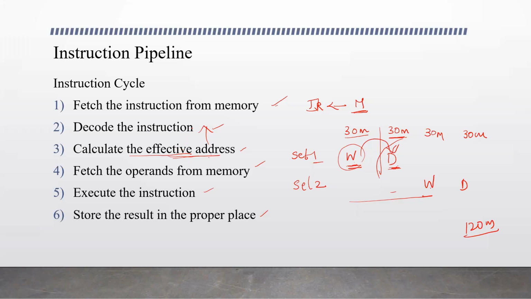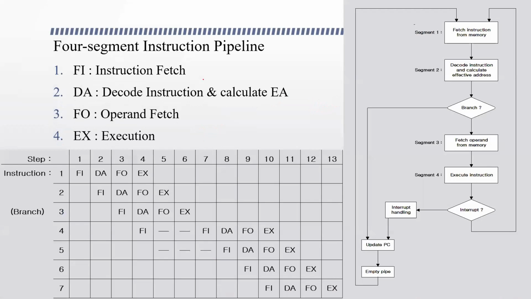And then the third sub operation would be fetching the operands from memory. Then next, execution and storing the result in the proper place. Once the execution is over, it is stored in the register or in memory. So let's combine these, and let's assume that we have divided the instruction cycle into 4 sub operations.